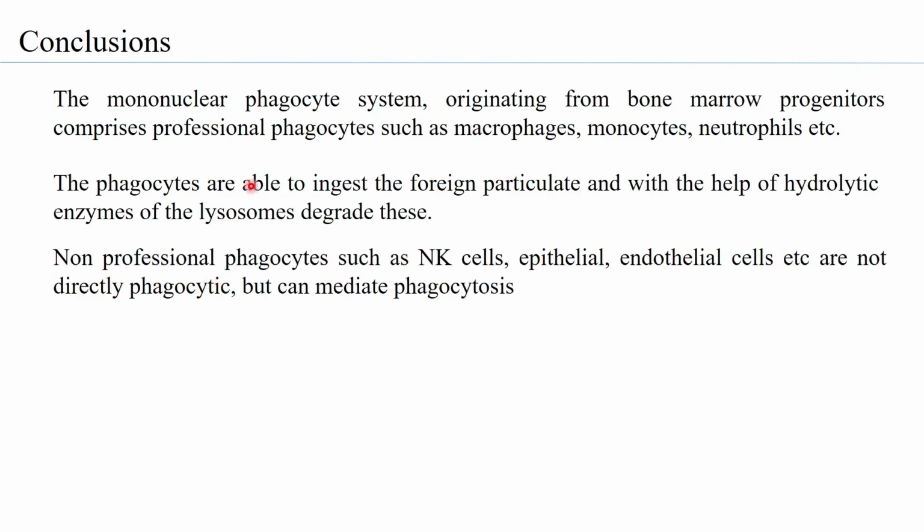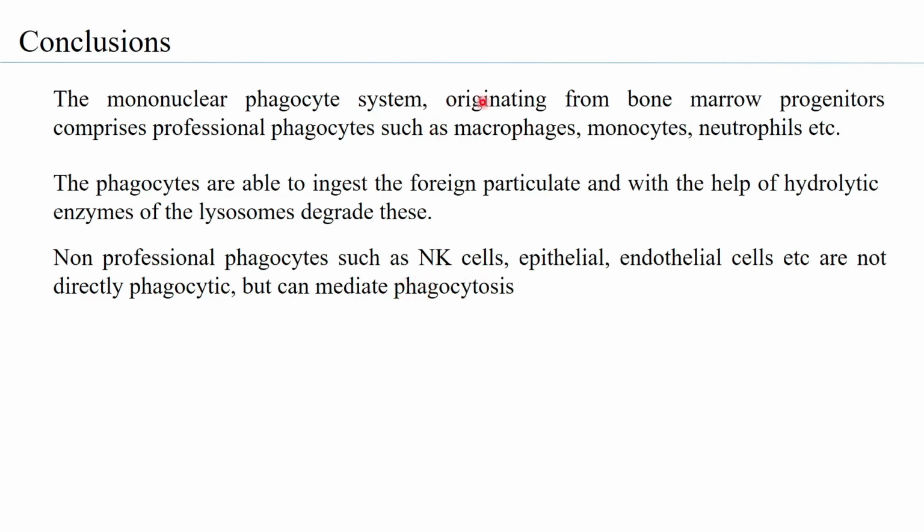In this case also, many of them have the mechanism of oxygen dependent degradation as well as a non-oxygen dependent mechanism. Non-professional phagocytes such as NK cells, epithelial, endothelial cells, etc. are not directly phagocytic, but they can mediate phagocytosis, and NK cells themselves are cytotoxic.